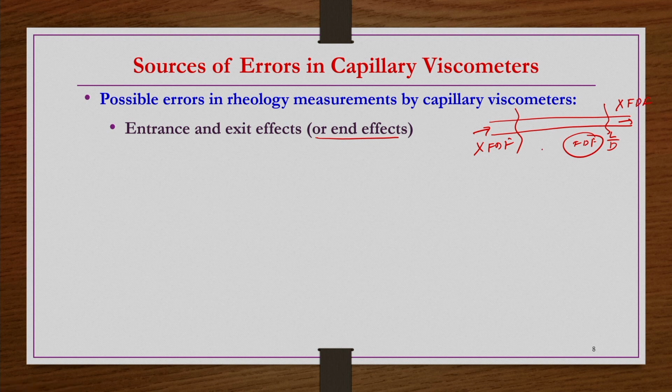Fully developed flow means that in the flow direction the velocity is not going to change. Whatever the velocity component, say the z component, dou Vz by dou z is going to be 0, or the pattern of Vz as a function of r, if you plot it, is not going to change. Whatever the pattern is, it remains the same at different locations in the z direction within the fully developed region.